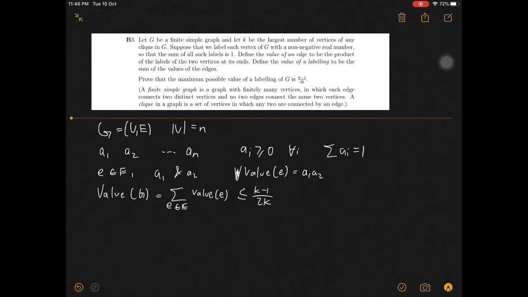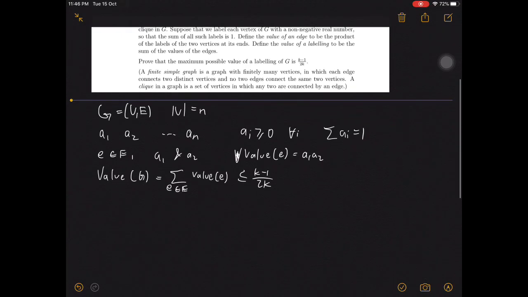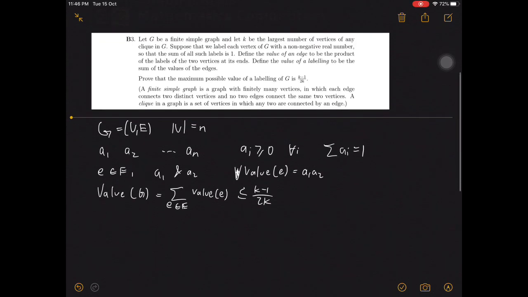Okay, now we want to take a look at what this K is. K is the largest number of vertices of any clique in G. A clique in a graph is a set of vertices in which any two are connected by an edge.